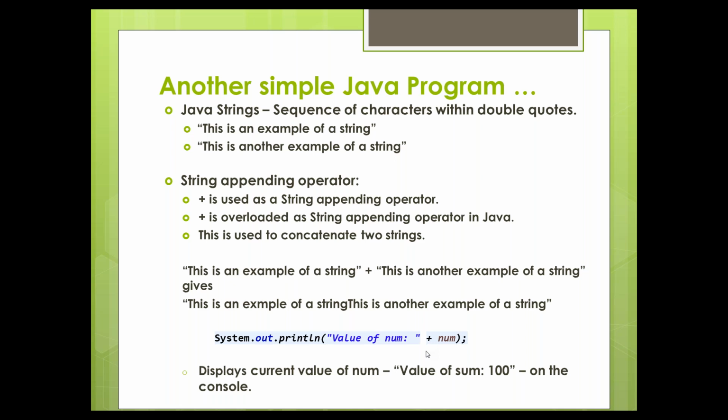Plus is given a different meaning based on the context in which we use it, and that is only in Java. When we use plus in an arithmetic expression, say adding two numbers A and B, you use numbers or variables and arithmetic operators like plus and minus.